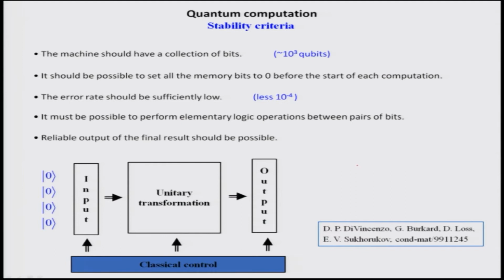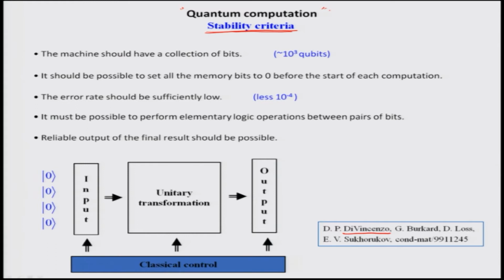One of the most important features which enabled the principle of quantum computation has come due to the effort put in by DiVincenzo, wherein he was able to come up with the stability criteria that are necessary for minimally ensuring quantum computation can be achieved.